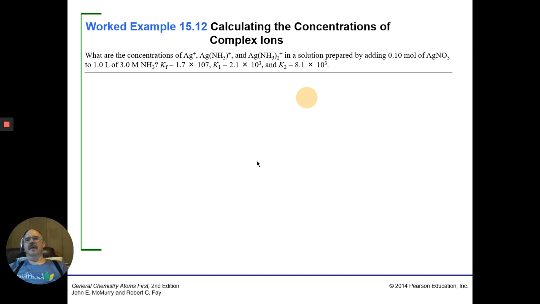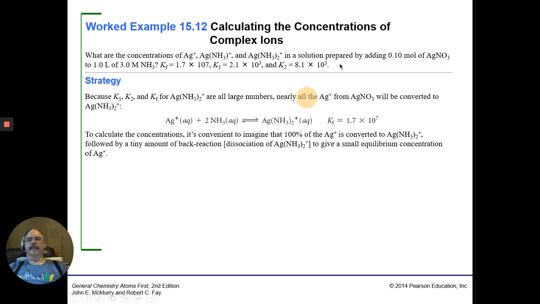So we can see that we have a very large excess of ammonia. And then the Kf values, this should actually say 10⁷, 1.7 × 10⁷. This is 2.1 × 10³, and then 8.1 × 10³.